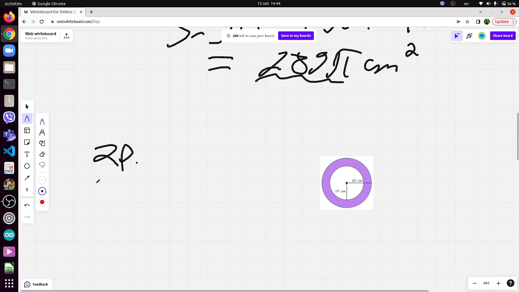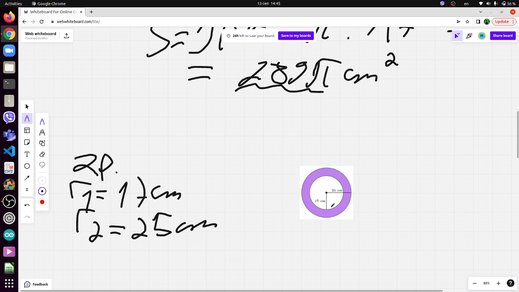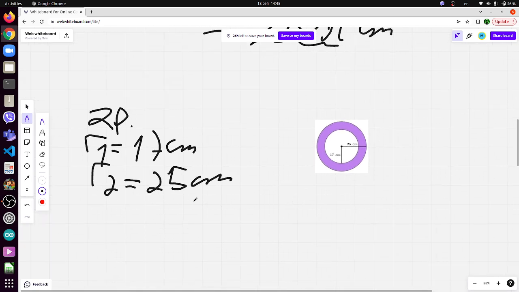The radius of the small circle, let's say R1, is 17 centimeters, and R2 is 25 centimeters, the radius of the big circle.